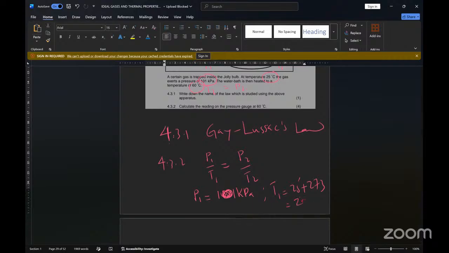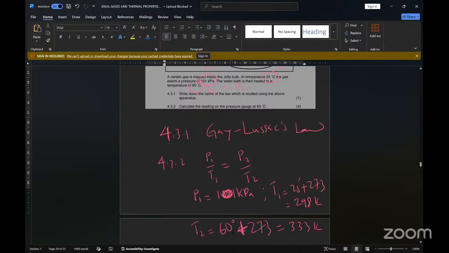So this is 298. So our temperature T2 here is 60 degrees Celsius. That's what the question says. So we add 273 to it. So 60 plus 273. And that gives us what? 333. So this is 333. This is Kelvin. This is also Kelvin.